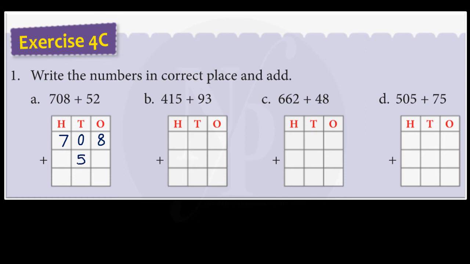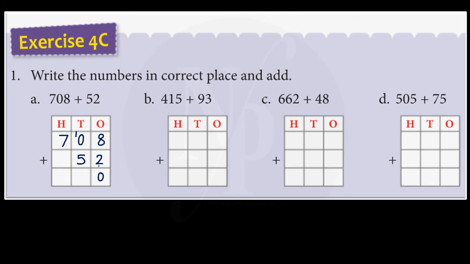5 and 2 here in ones place. Plus is printed here. And let us add these digits now in the ones place. 8 plus 2 is 10, and 10 ones are regrouped as 1 ten and 0 ones. Now we add the digits here. 1 plus 0 is 1, and 1 plus 5 is 6.